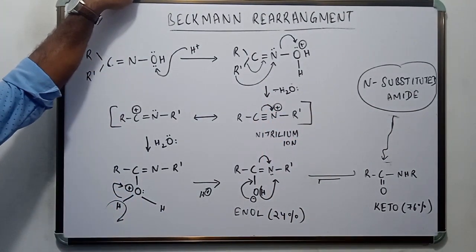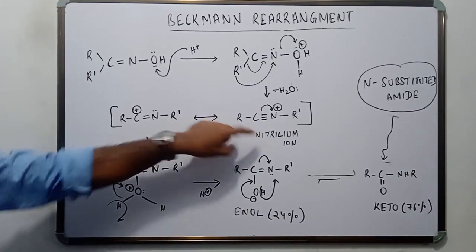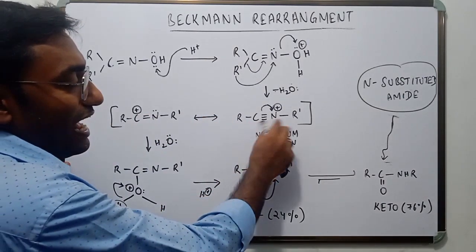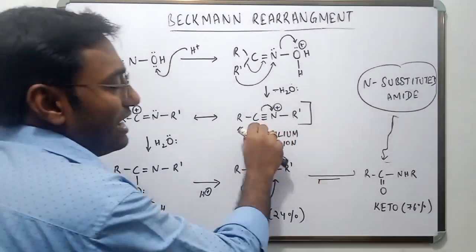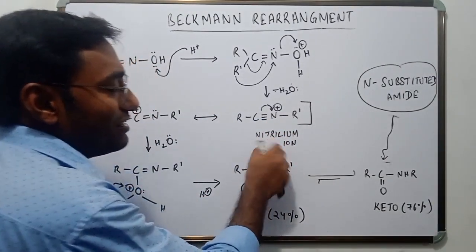This, dear students, is called a nitrilium ion. This is a nitrile, C triple bond N, and this is an alkylated nitrile. So an alkylated nitrile is called a nitrilium ion.